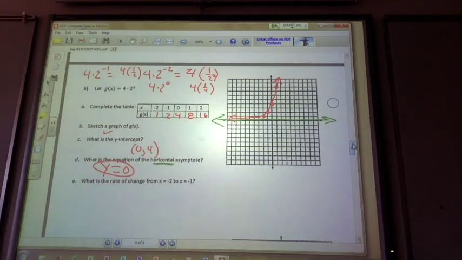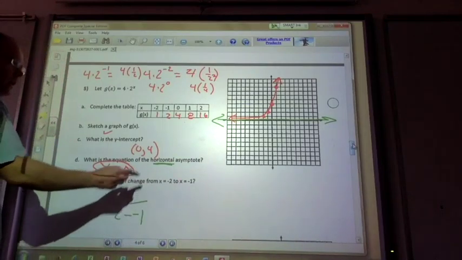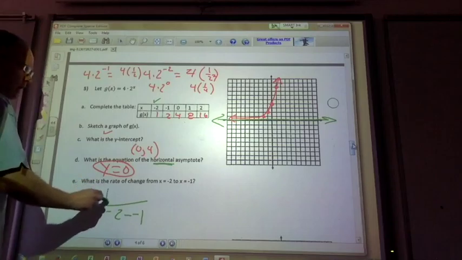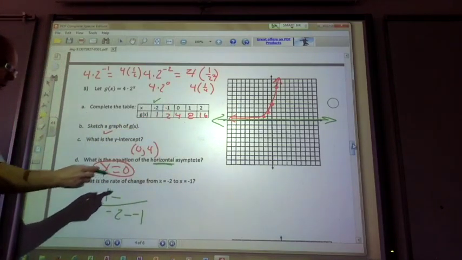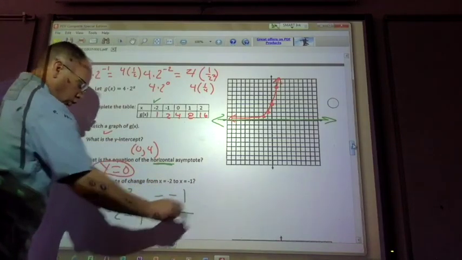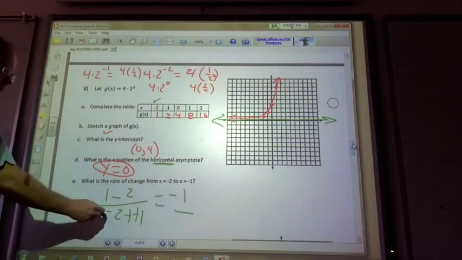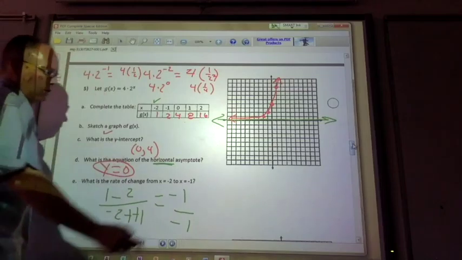What is the rate of change from -2 to -1? Now, the rate of change on this whole thing would be different between two different sets of points. They're just asking you for one set, so I can go 1 minus 2, which is -1. -2 plus 1 is -1. -1 over -1 is 1.